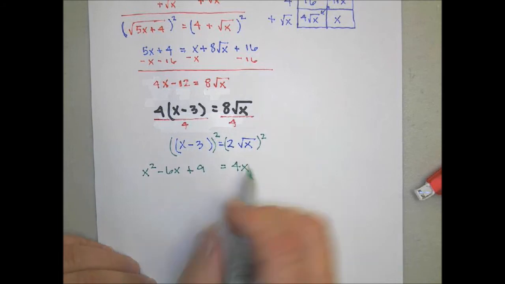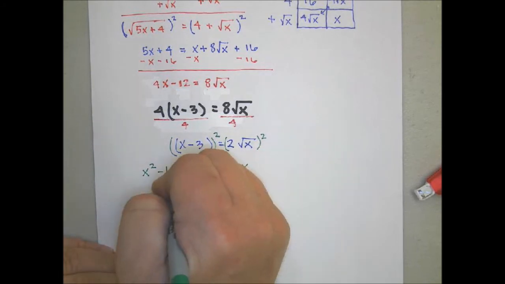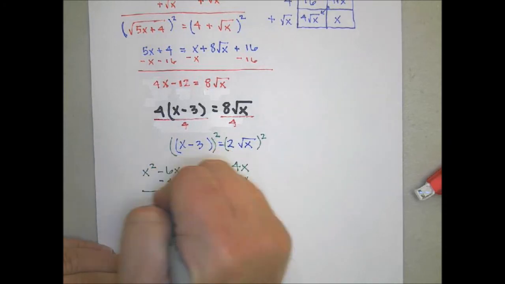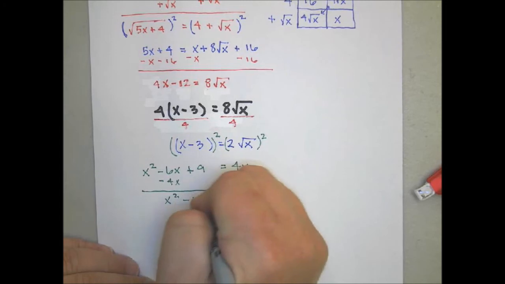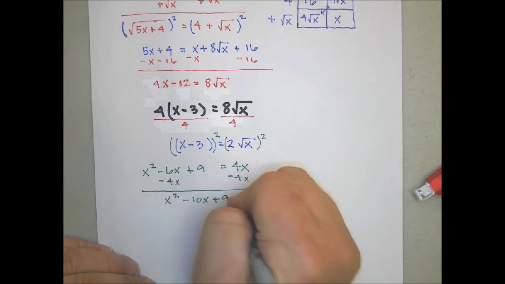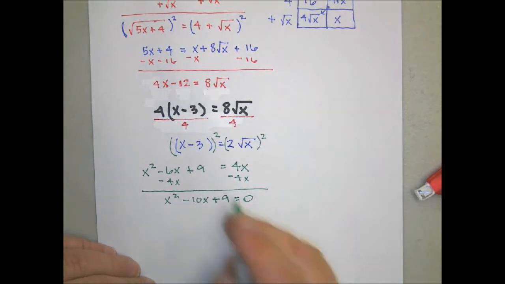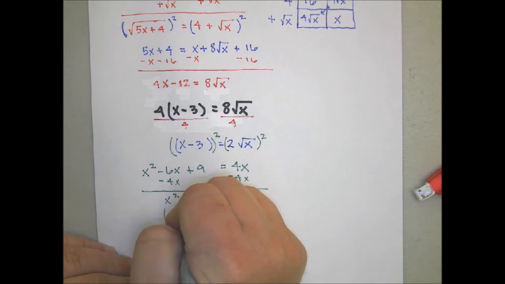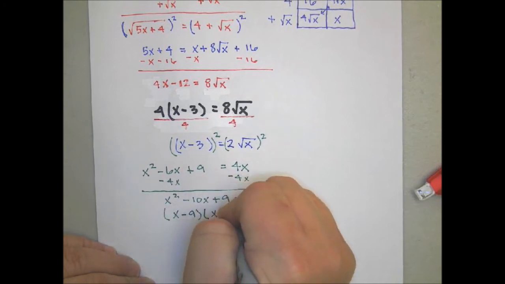Now, I have another quadratic, so subtract 4x. I want this thing to equal 0. So x squared minus 10x plus 9 equals 0. The factors of positive 9 that add up to negative 10 are x minus 9 and x minus 1.